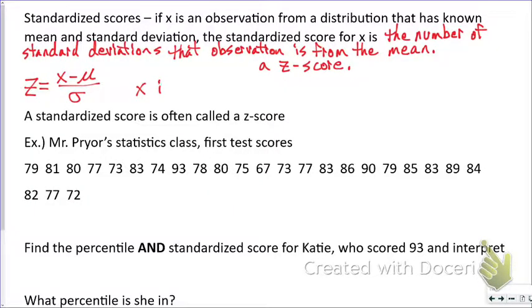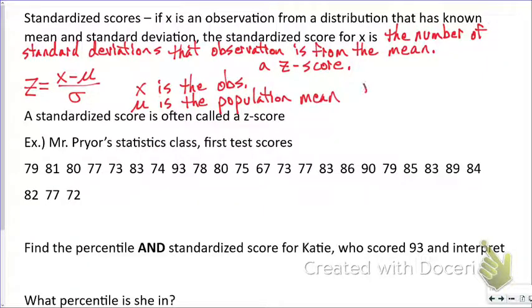So x is the observation. Find how far it is from the population mean, and divide by sigma, the population standard deviation.